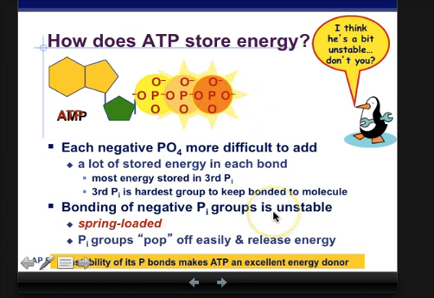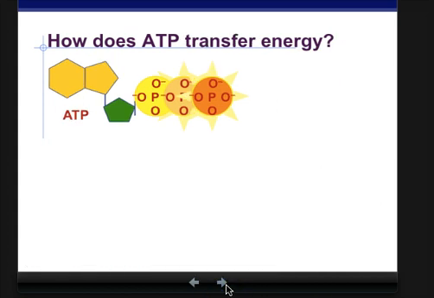The next step is how does ATP transfer energy? So when we're going to transfer energy, we're going to want to ditch this third phosphate group. We're going to be going from ATP to ADP.